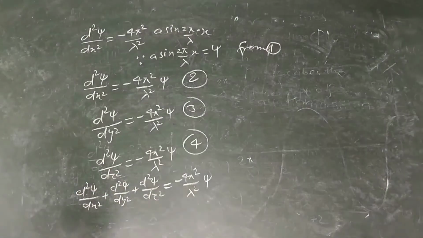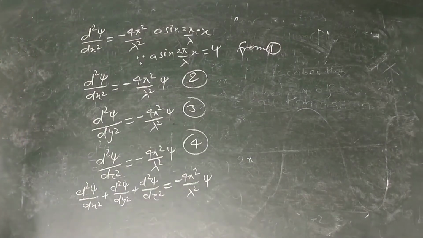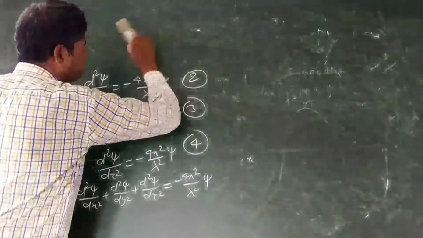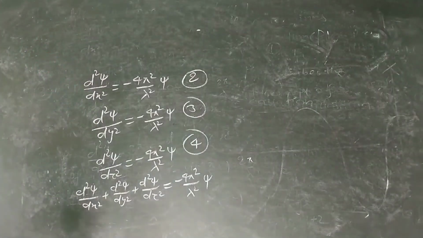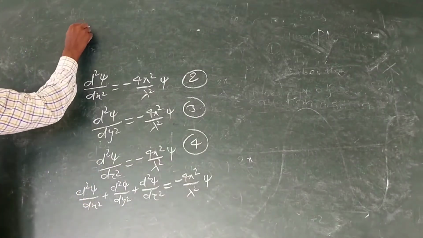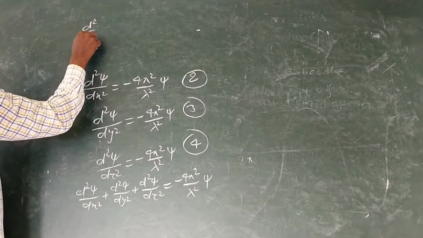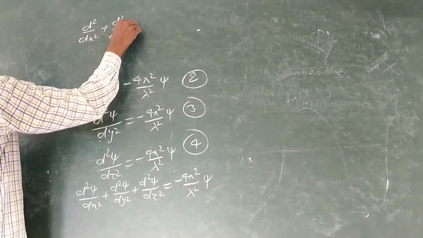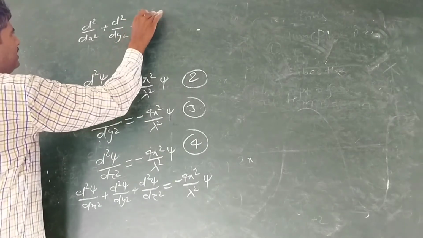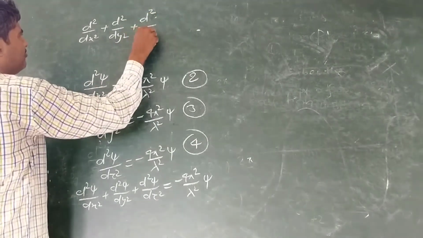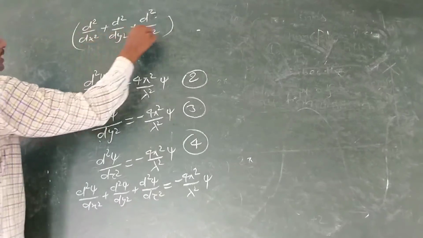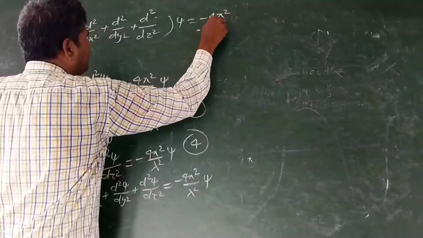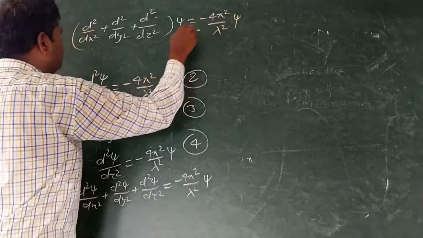Thus, d2 upon dx square plus d2 upon dy square plus d2 upon dz square into psi is equal to minus 4 pi square upon lambda square into psi.